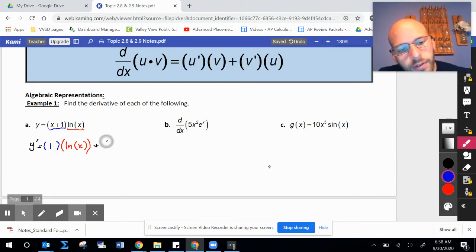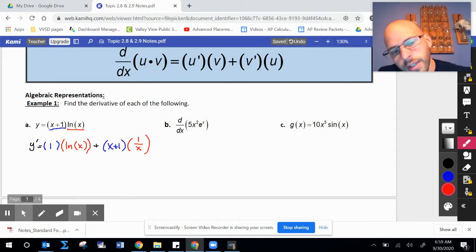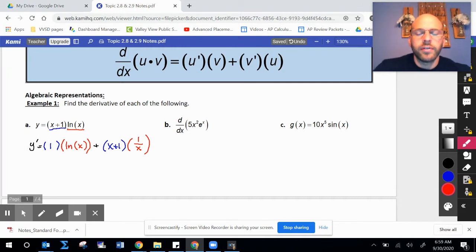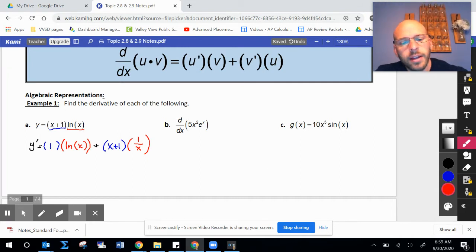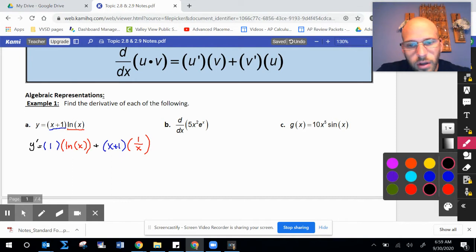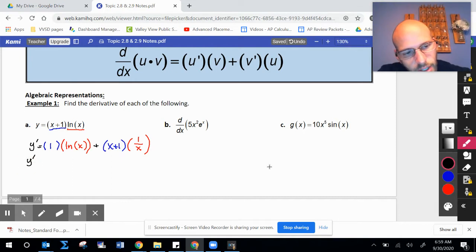Now I'm going to leave the first piece of my product the same, and multiply by the derivative of the second piece, which in a previous video we discussed: the derivative of natural log is 1 over x. If I make this look a little nicer, y prime is the natural log of x plus (x plus 1) over x.